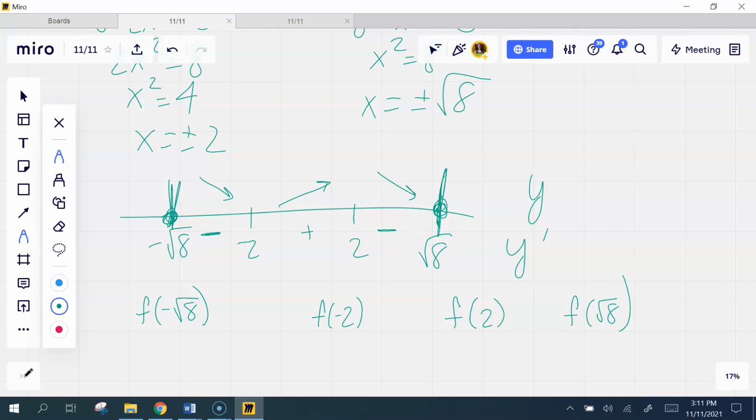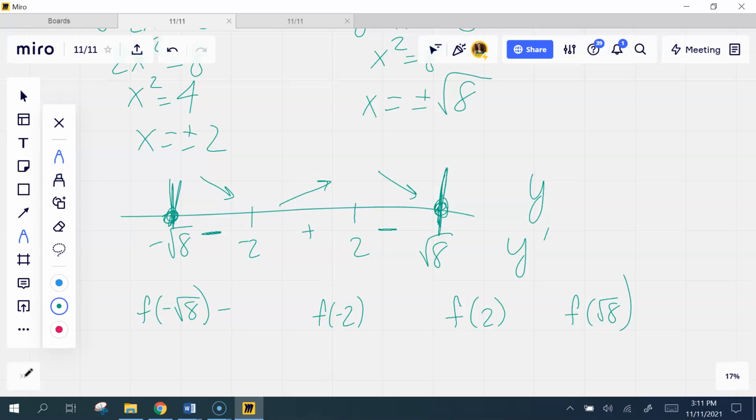I put negative square root of 8 and I get 0, negative 2 gives negative 4, 2 gives 4, and the square root of 8 again gives 0.